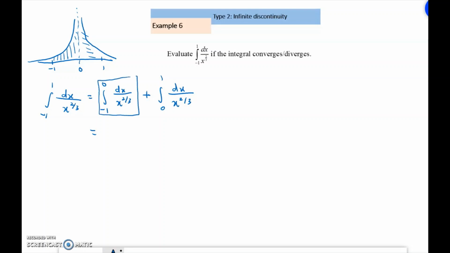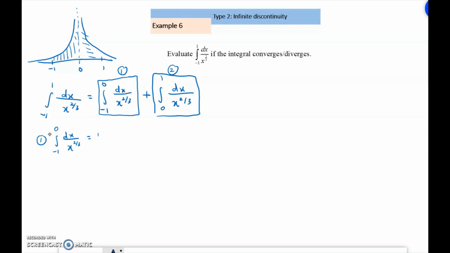First, we solve the first part of the right hand side. Then we solve the second part of the right hand side. Now I will solve the first part of the right hand side, where the integration starts from -1 to 0 of dx over x to the power of 2/3.